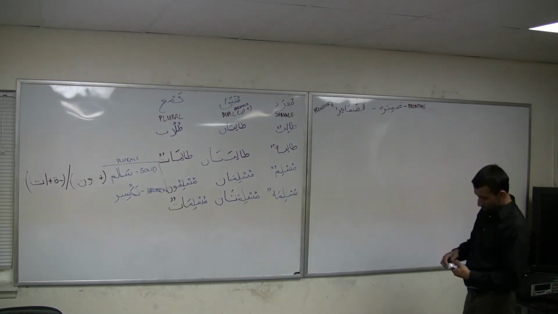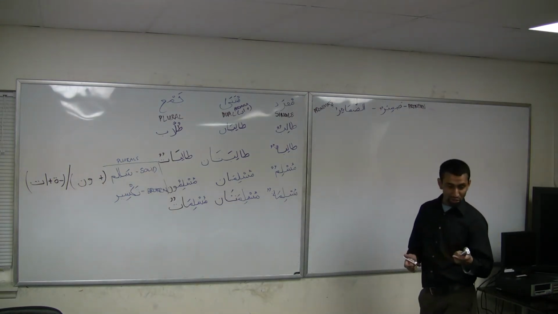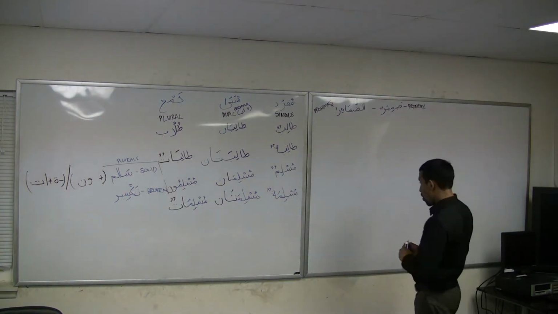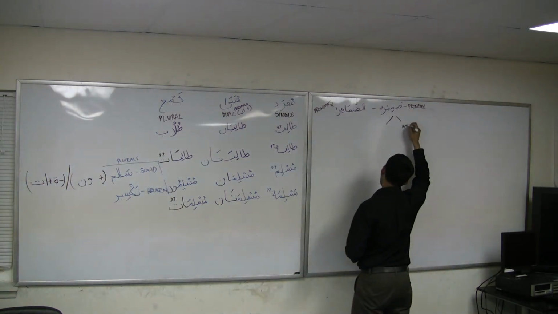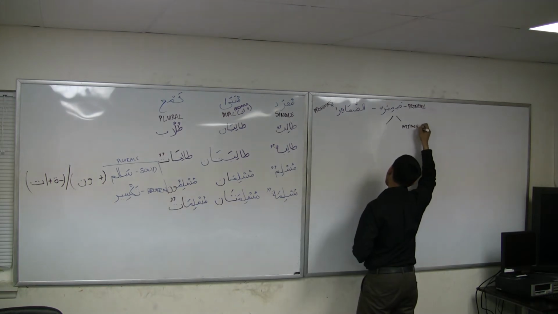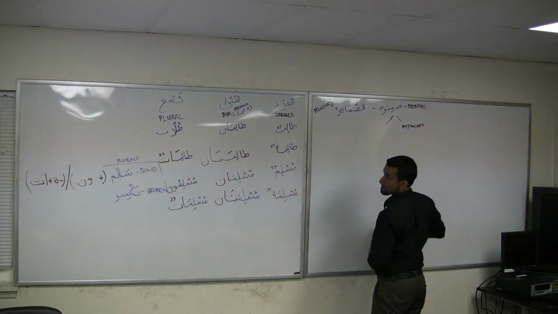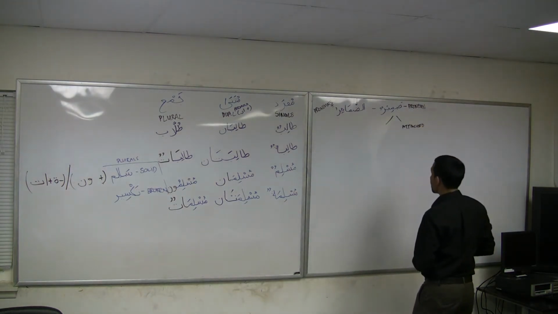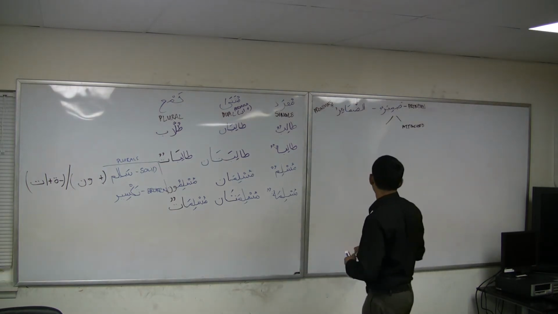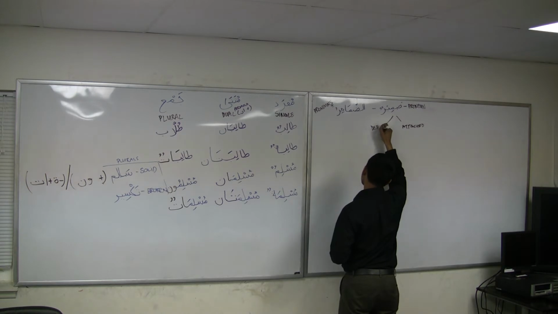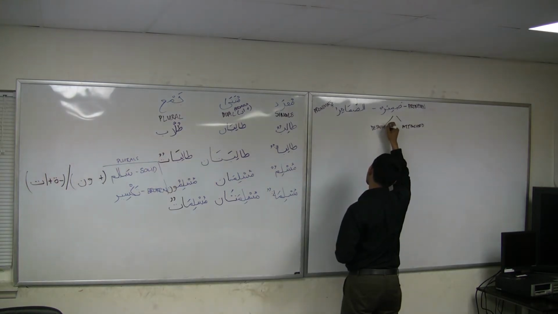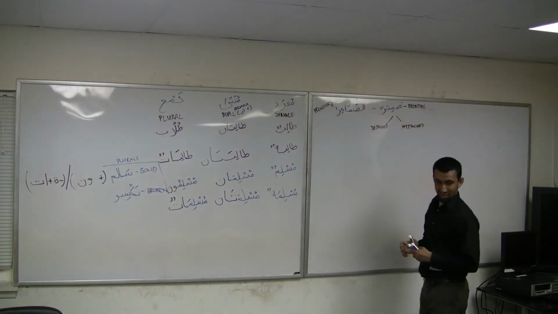Right. Pronoun. Okay. So what were the pronouns that we learned? We said that there's also two types of pronouns, right? We said there was one type, which we said was attached. And then we said there was another type which we called detached. Can someone give me the Arabic word for attached and detached?